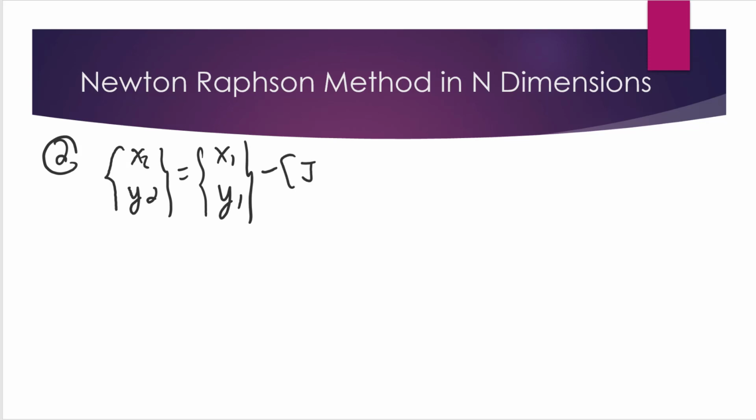So minus the Jacobian, the Jacobian inverse actually, evaluated at x1, y1, and then the function values f1 and f2 evaluated at x1, y1.